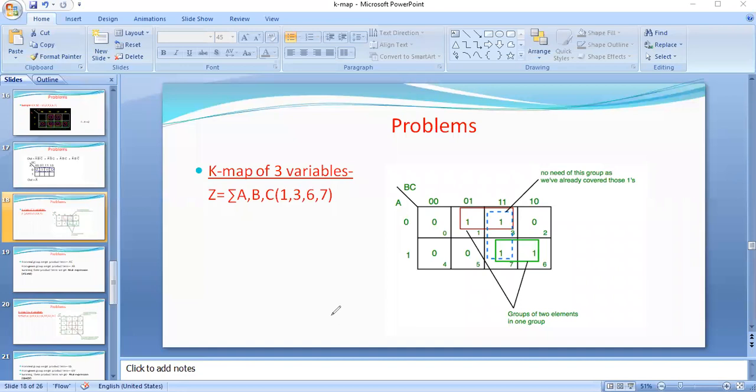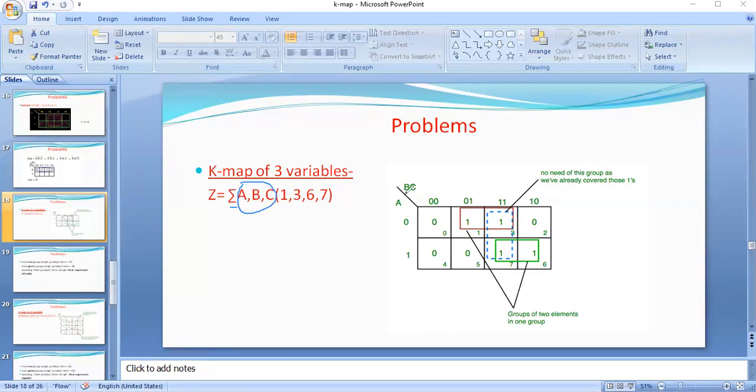Here the given function output z is equal to sum, which means the given terms are min terms, and the function consists of 3 variables, a, b, c. The given min terms are 1, 3, 6, 7. In the first step, we have to draw the 3 variable K map.